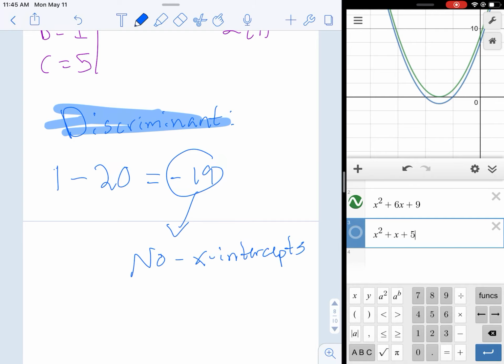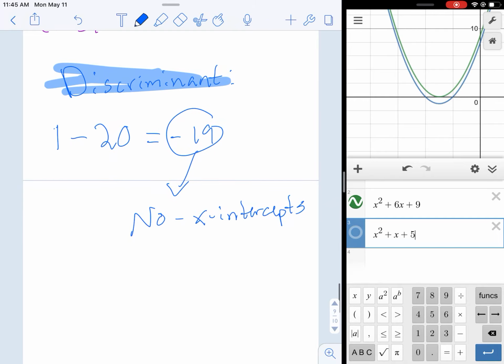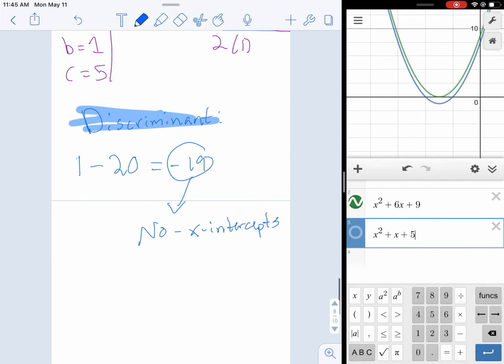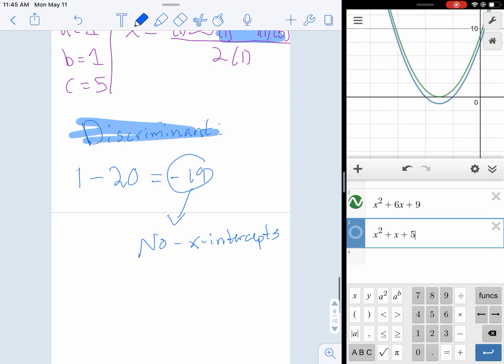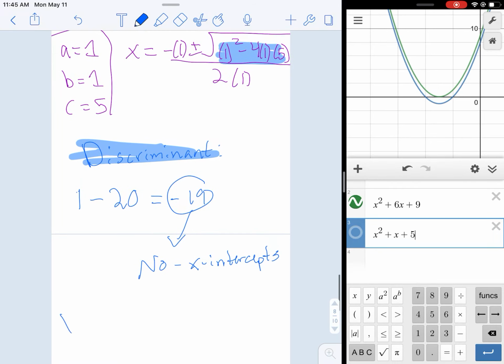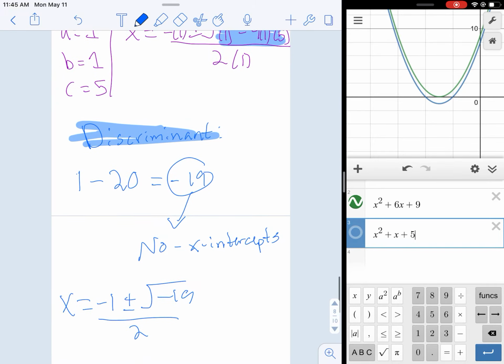Okay. We can still solve this, but this is going to get into what we call complex numbers, which is something that you guys will learn in Algebra 2. I'll give you guys a little sneak peek. We have x equals -1 plus or minus the square root of -19 all over 2.